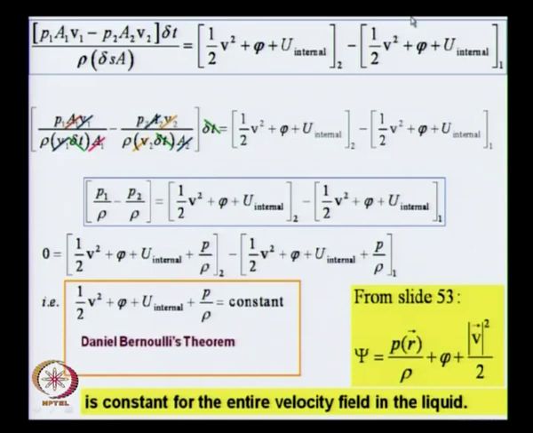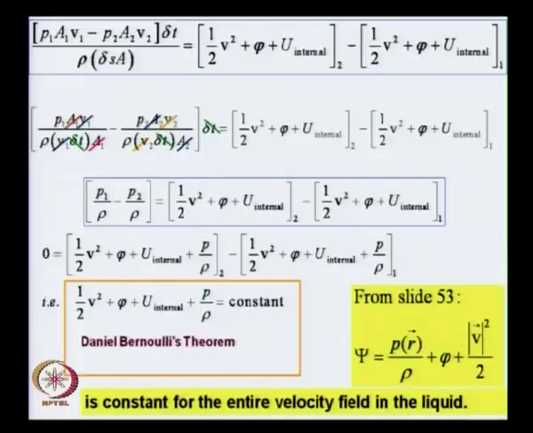We showed that the pressure over density plus phi plus V square by 2, which is what we have got over here, the P by rho is here, the phi is here, and the kinetic energy is here. This is the kinetic energy per unit mass. The only thing which is in addition over here is the internal energy. So, this is basically a conservation of energy statement, which is how it is interpreted in high school books, and we have found that this is the constant for the entire velocity field in a liquid when the velocity flow is a steady state flow and also when it is irrotational.